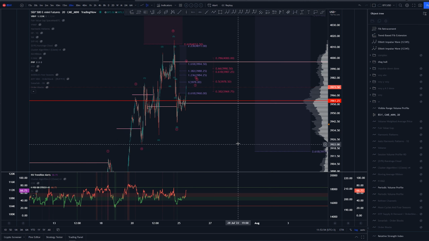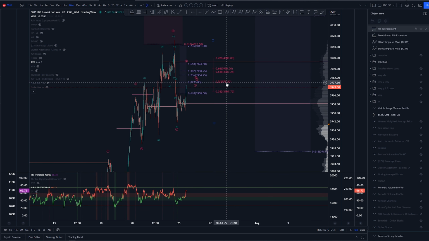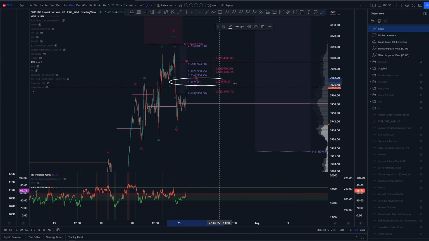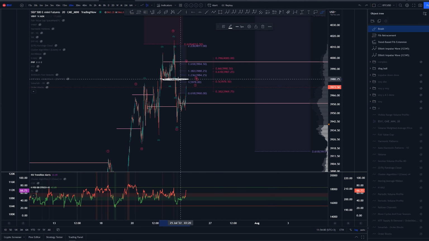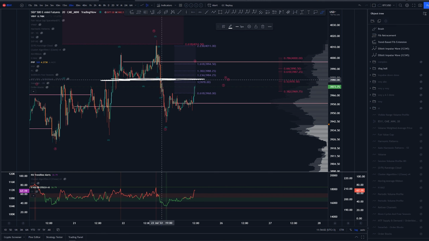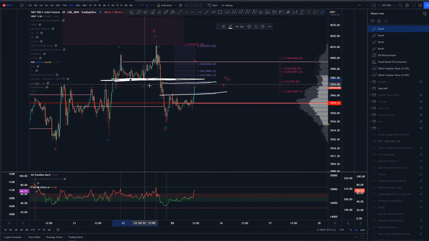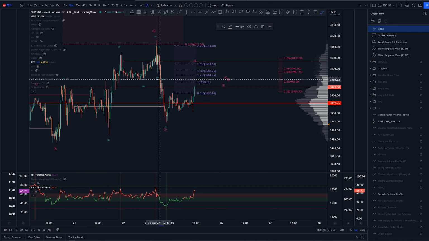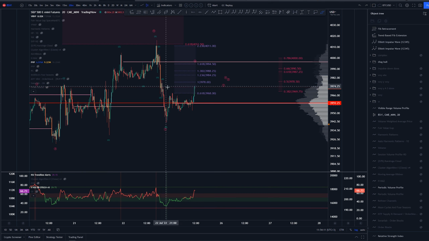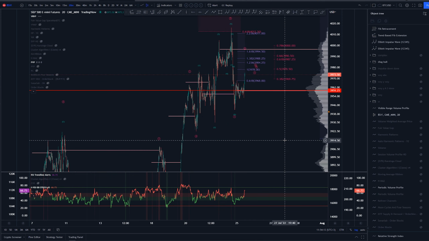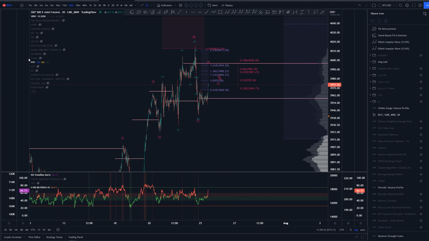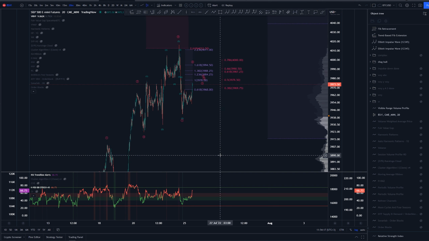So yeah, I would expect us to pivot between the 0.5 here, where we have this structural resistance here as well from these previous areas, and this previous area where I took my short from as well, on this high here. So yeah, those are the areas that I would be looking for during the market opens.